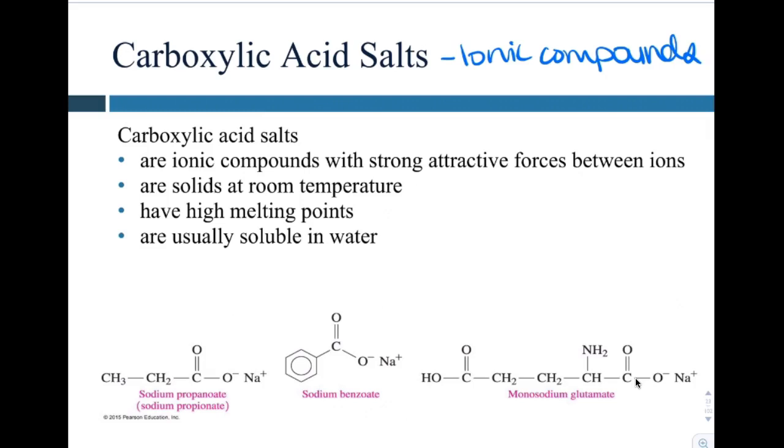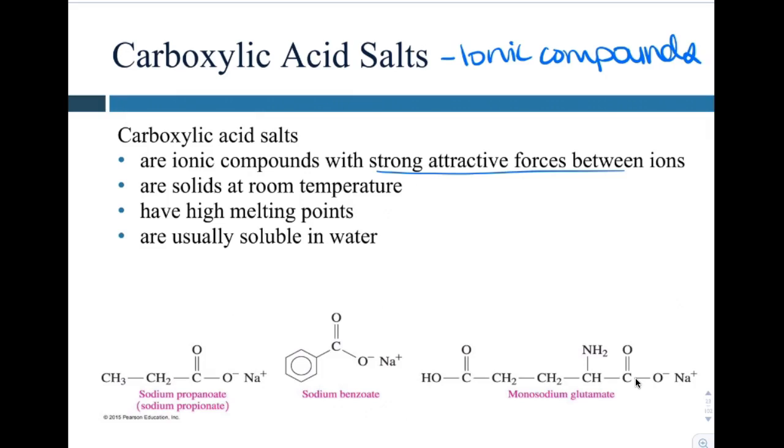So we have very strong, attractive ionic bonds. You typically have high melting points, solids at room temperature. I want you to think sodium chloride, and usually soluble in water because they're ionic, which means they're super duper polar.